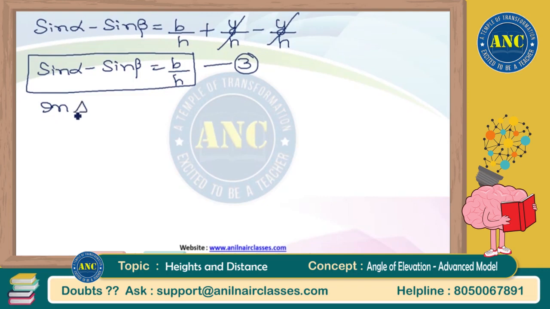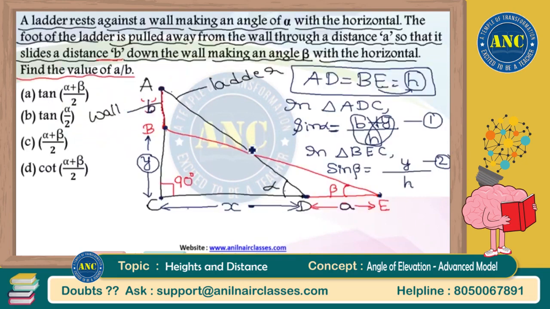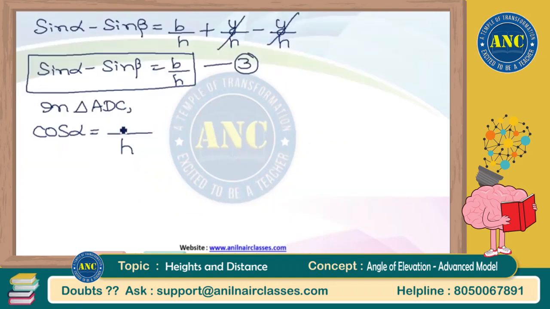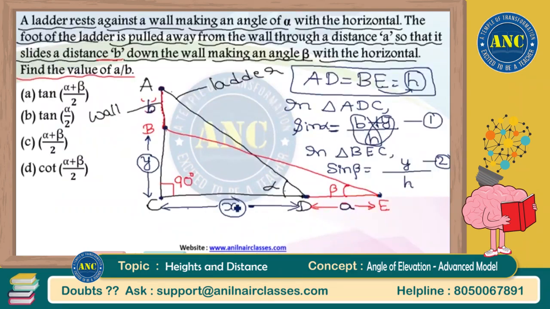Same thing. In triangle ADC, again I will consider the triangle. I will take cos alpha. Hypotenuse is H. Adjacent to alpha is X. So it is X by H. Similarly, in another triangle BEC, I will consider cos beta. Hypotenuse is H. Adjacent to beta is X plus A. Right?